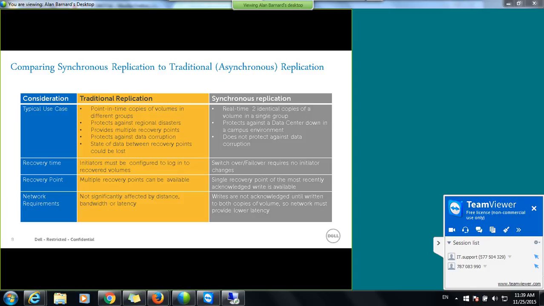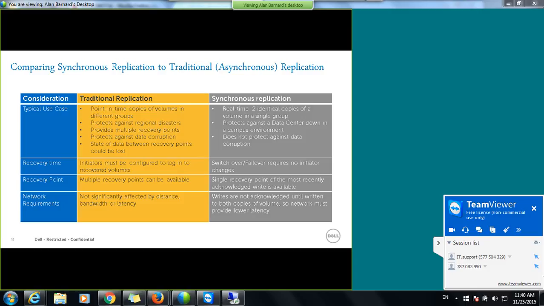Synchronous, on the other hand, is a real-time two identical copies of a volume in a single group, which means it doesn't actually protect against data corruption. Okay, so if someone corrupts your data, it will be written on both sides.